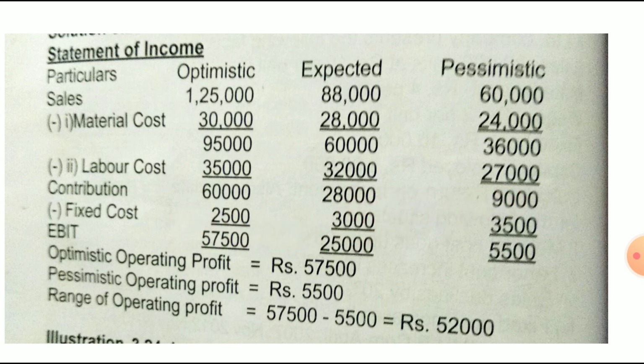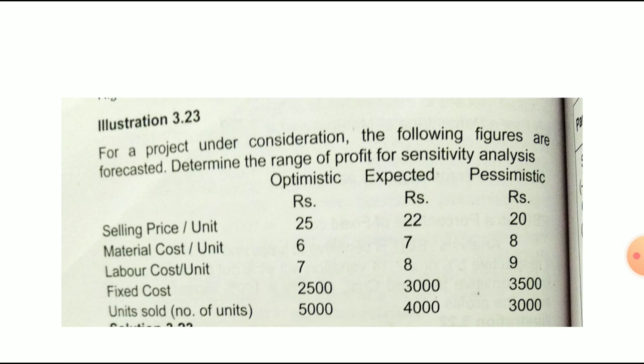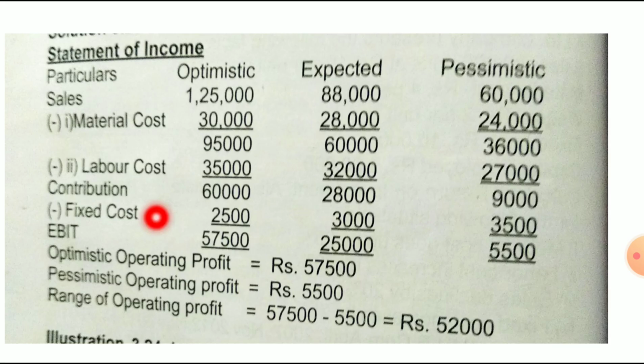Fixed cost is given different for different projects, 2,500, 3,000, 3,500. So you'll get EBIT 57,500, 25,000 and 5,500. So the highest EBIT is 57,500, the lowest EBIT is 5,500. Now we have to take the difference of it. So range of operating profit is 57,500 minus 5,500, so it is 52,000.